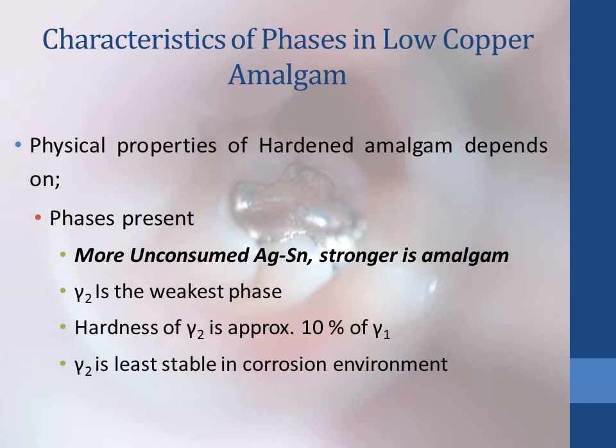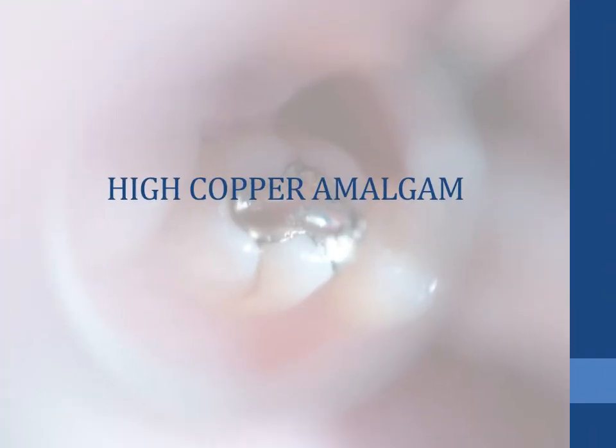As we mentioned, gamma 2 is the weakest, and hardness of gamma 2 is approximately 10% that of gamma 1, and gamma 2 is least stable in corrosion environment. That is why the corrosion resistance of amalgam at this point is the lowest. So that was the low copper amalgam.